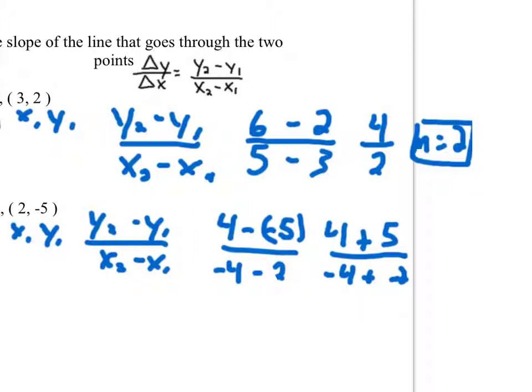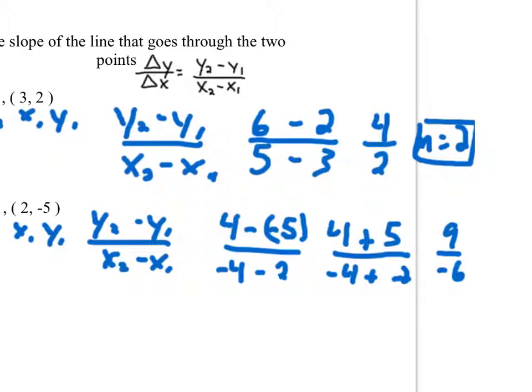Now 4 plus 5 is 9, over negative 4 plus negative 2 is negative 6. And that will simplify to m equals, 3 goes into both of those, so it's negative 3 halves. Okay? Again, when one's positive and one's negative, that just makes the whole fraction negative. So this tells me that this can be a downhill line.